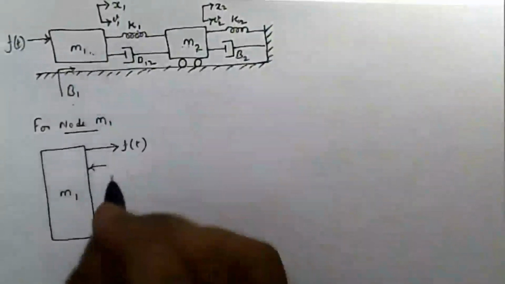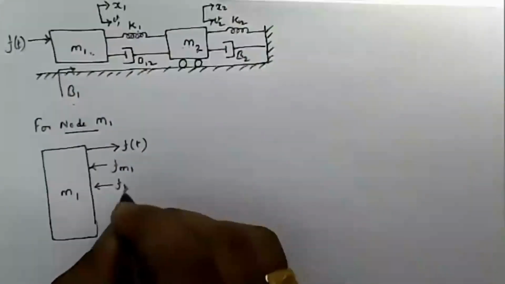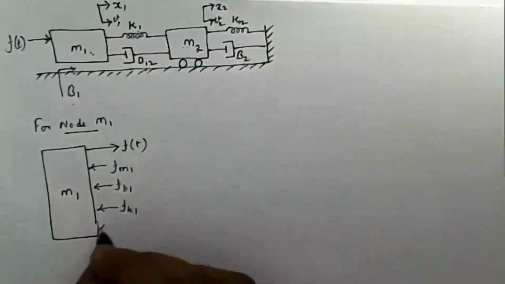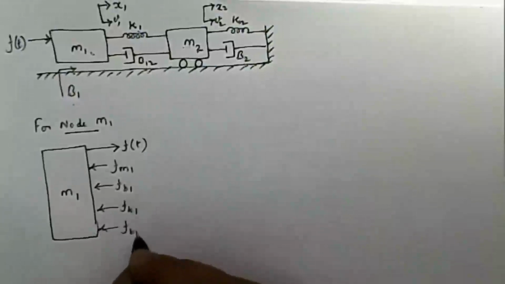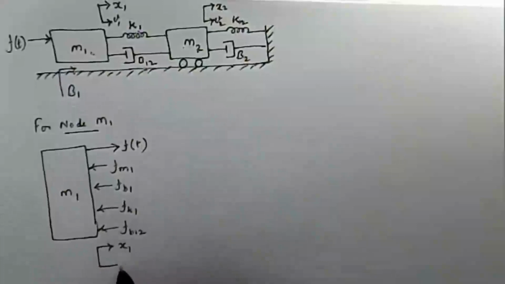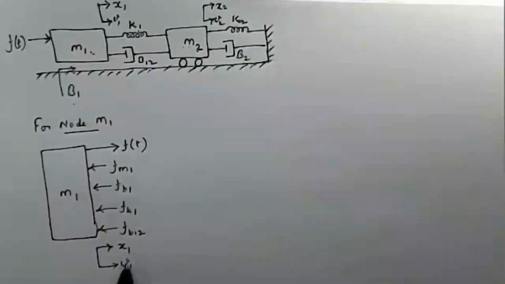Four opposite forces: Fm1, Fb1, Fk1, Fb12. Then the displacement is x1, that is velocity v1. Displacement x1, velocity v1.